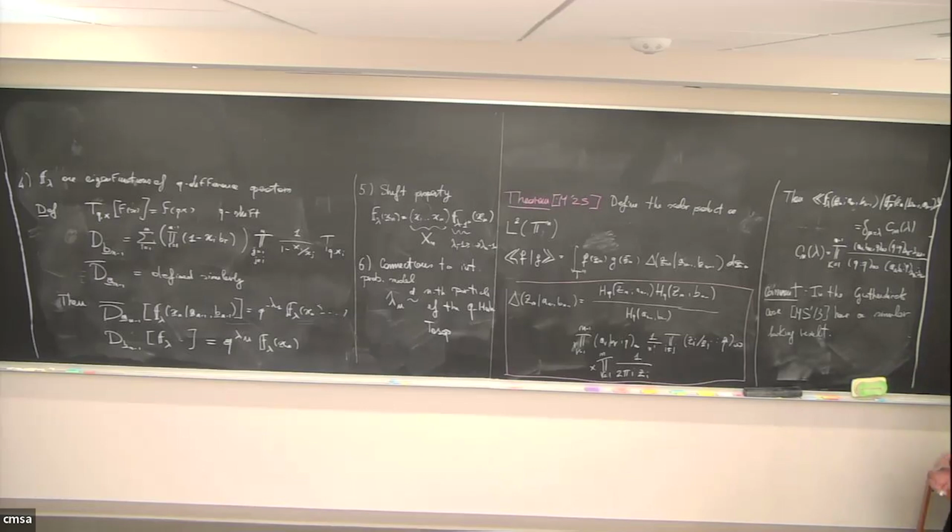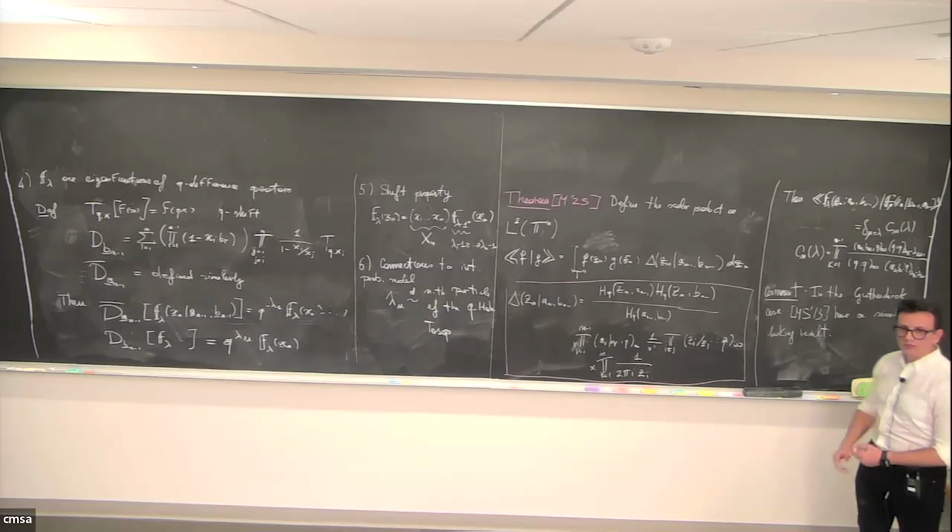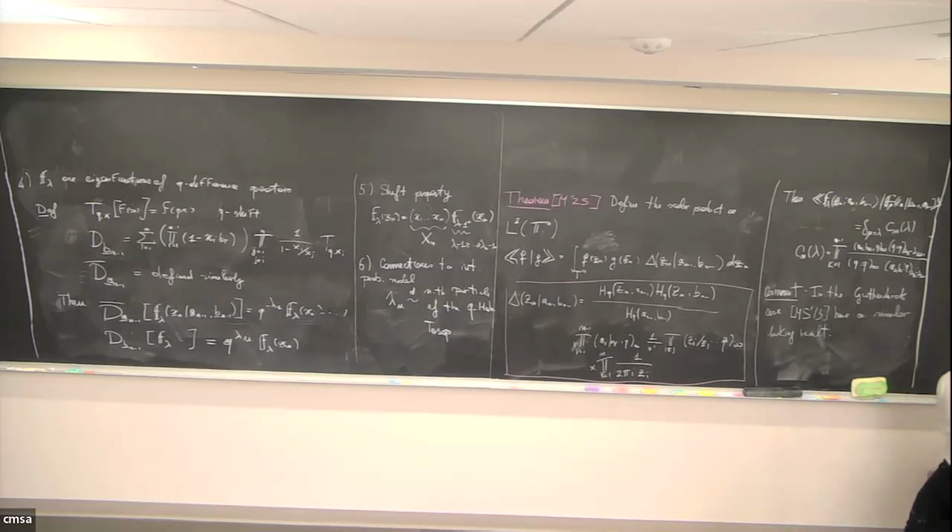Okay, maybe let me just make one more comment. If you set the product of A_k and B_k equal to q, the L2 norm becomes 1, which suggests that this simplification might bring something nice, but I don't know. What if the product of A_1 and B_1 is equal to 1?